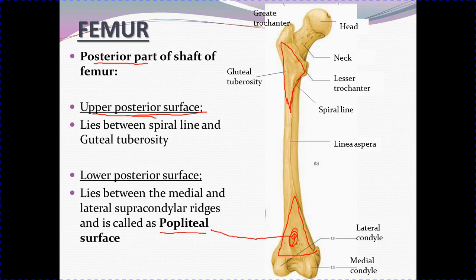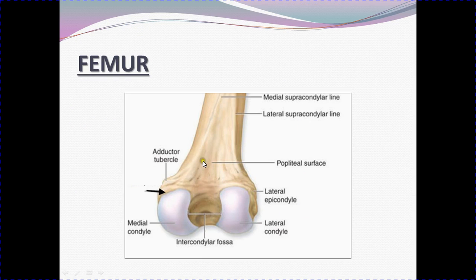It is bounded by the medial and the lateral supracondylar ridges of the femur. You can see over here, this is the popliteal surface and it is bounded by the medial supracondylar ridge and the lateral supracondylar ridge of the femur.